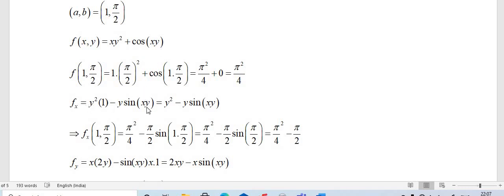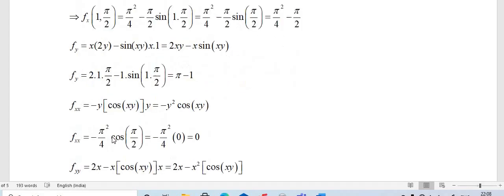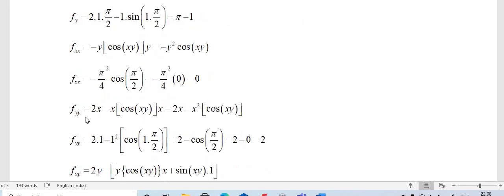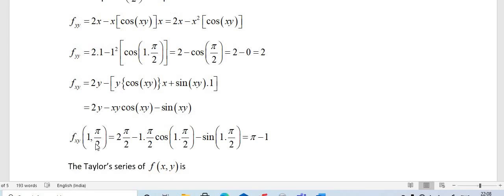Like that, find out fx and also fx at 1 comma pi by 2. Find out fy at 1 comma pi by 2. Find out fxx and also fxx at 1 comma pi by 2. Find out fyy value, fyy at 1 comma pi by 2. For fxy, do partial differentiation of fx with respect to y and find out the fxy value at 1 comma pi by 2.